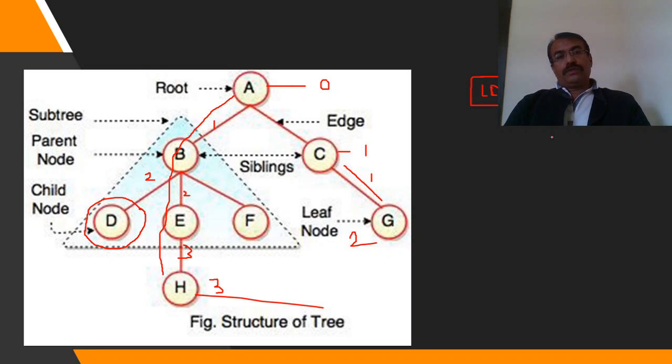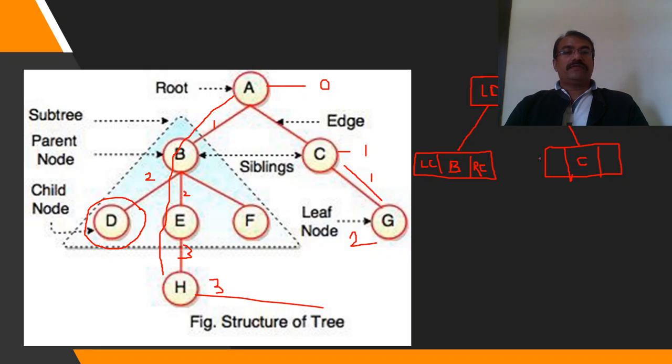So it will lead to two more nodes, and that will be stored in the same way. If I am replicating the existing one, this will be its left child, this will be its right child, this will be the left child for C and this will be the right child for C. This way the tree will be constructed.